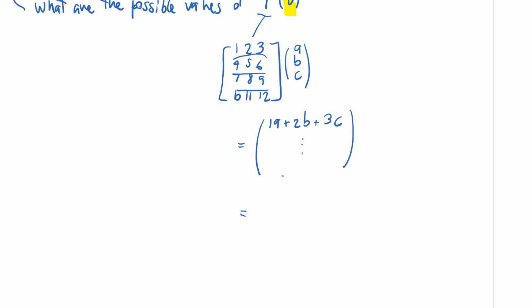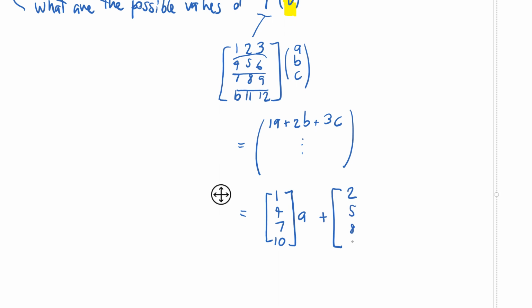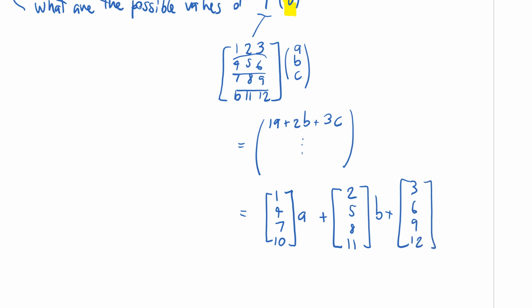It's going to be 1, 4, 7, 10, which is the first column of my matrix T, times A, plus 2, 5, 8, 11, which is the second column of my matrix, times B, plus the last column, which is 3, 6, 9, 12, times C.